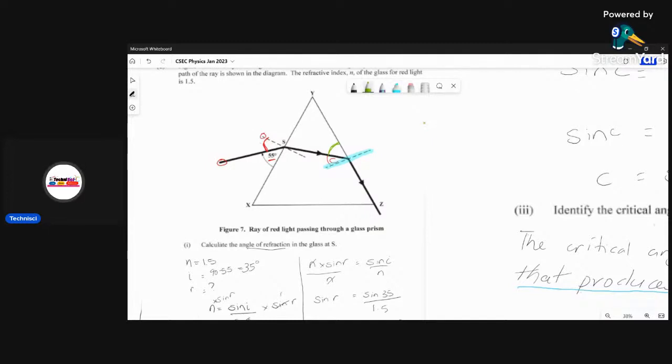Or were you talking about this angle? Let me use a different color. They can tell me which angle you're talking. Let's use pink. Or blue. Which color are you talking? The highlighter, blue or pink?